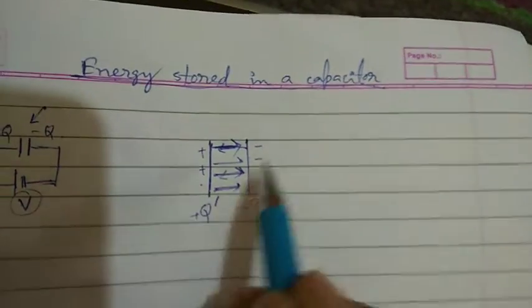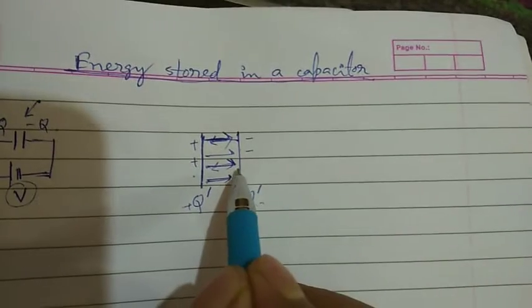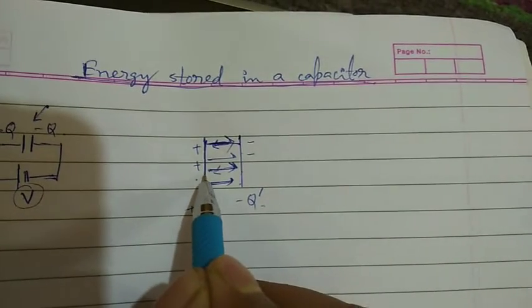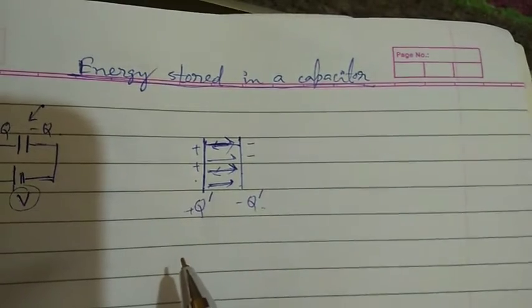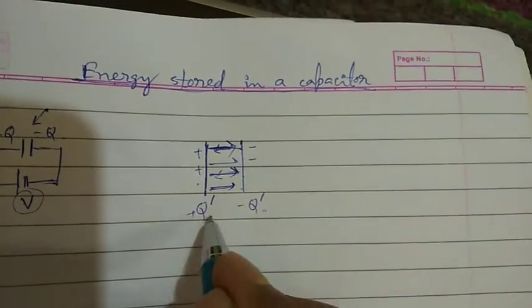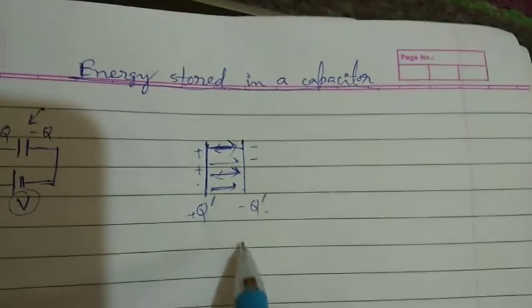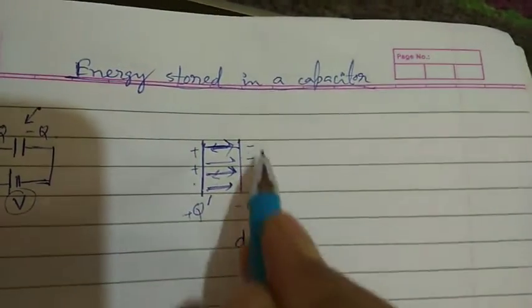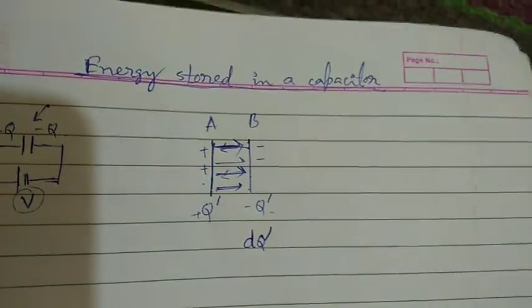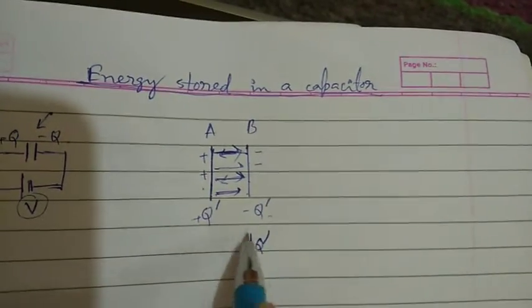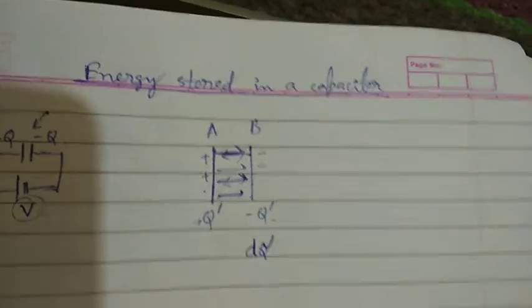So to move more charges from this plate to this plate, we will have to do additional work. Now suppose at this point we want to move a small positive charge dq prime from plate, say this is B, to plate A. So we have to do work.